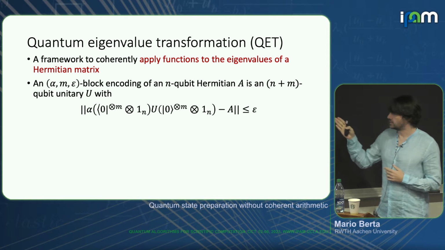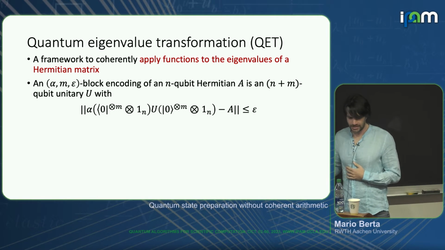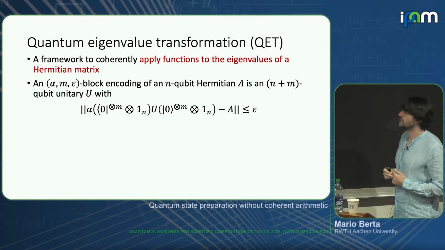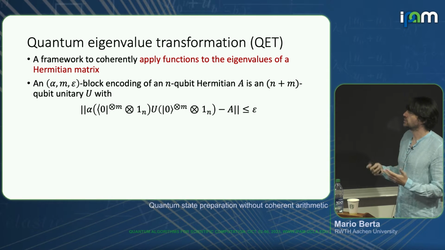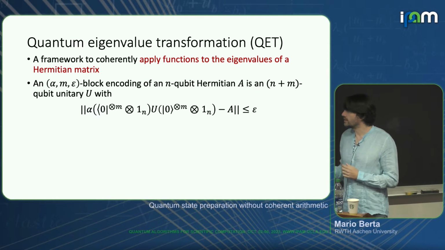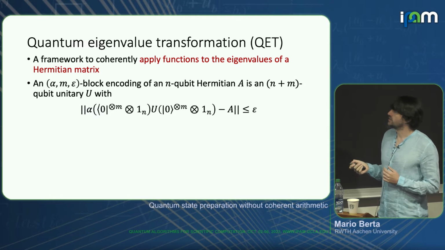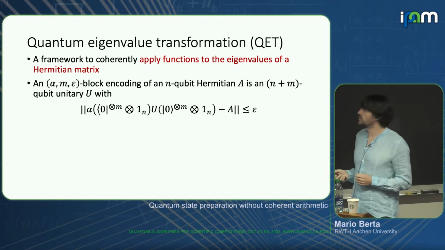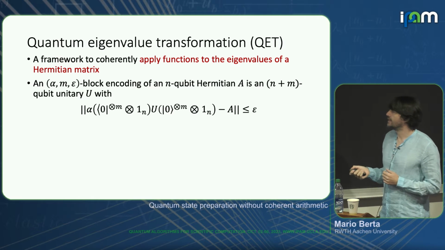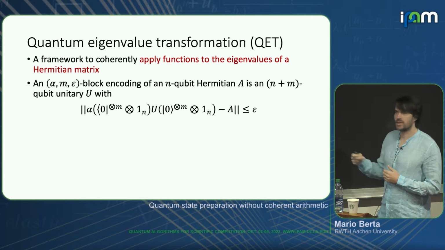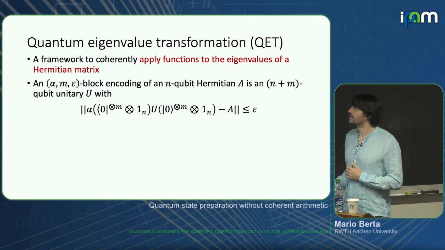Well, one important ingredient to encode the Hermitian matrix into a quantum circuit is the so-called block encoding. So the idea is that you take your n-qubit matrix, so this matrix A is of size 2^n times 2^n, and you embed it into a larger n plus m qubit system.